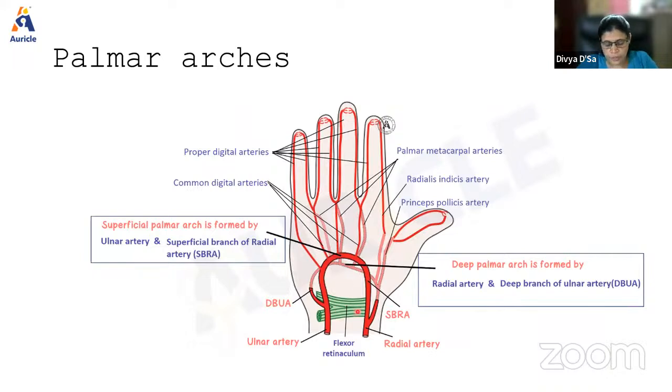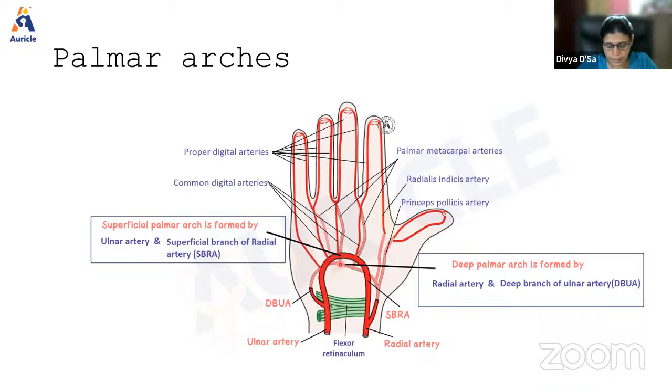The superficial palmar arch is the direct continuation of the ulnar artery. If you see here, it is mainly formed by the ulnar artery and contributed a little by the radial artery. This is the flexor retinaculum. After the ulnar artery crosses the flexor retinaculum, it extends beyond that and forms a loop, so it forms an arch.